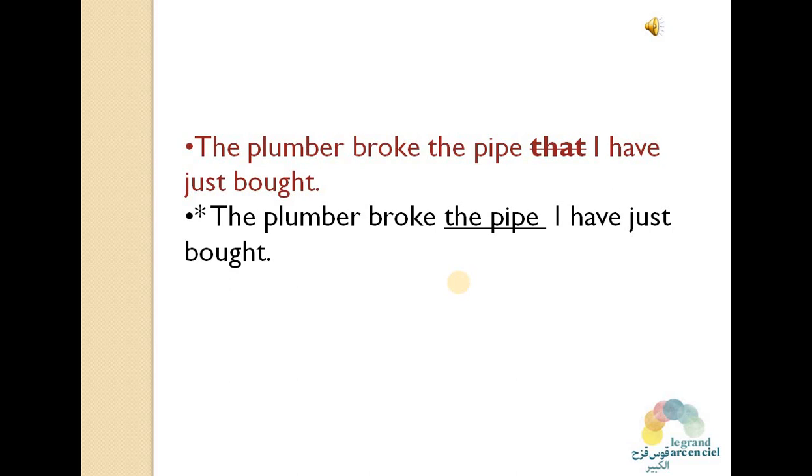When we say that I have just bought, I is the subject and that, the relative pronoun that, is object. So when the relative pronoun is the object of the sentence, we can drop it and say the plumber broke the pipe I have just bought.